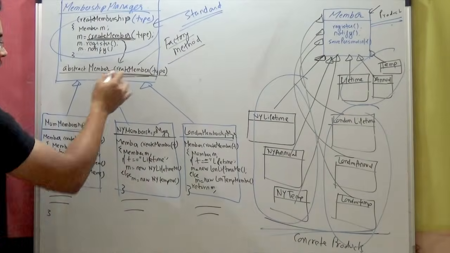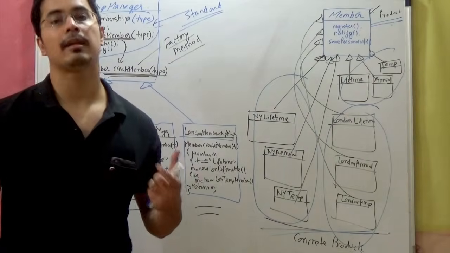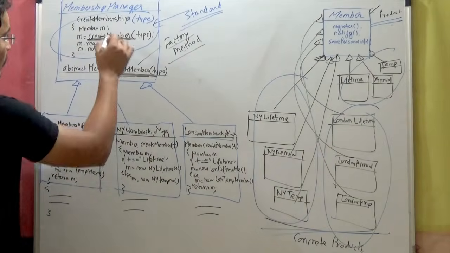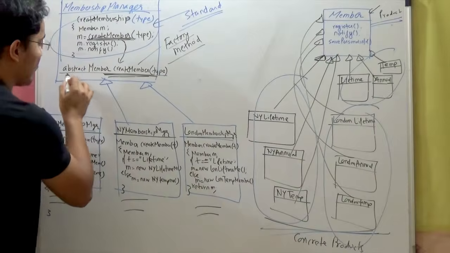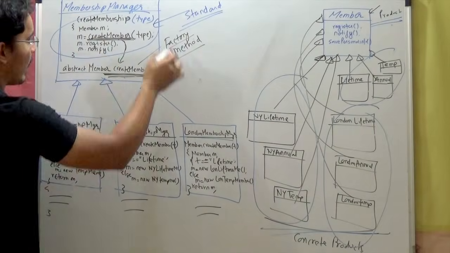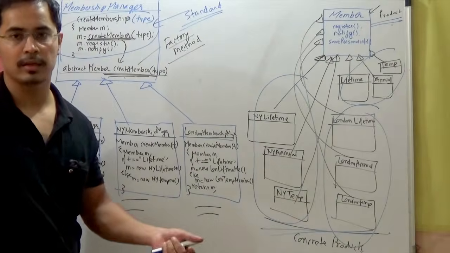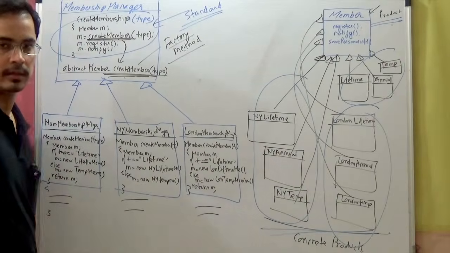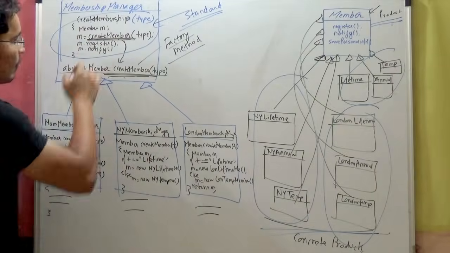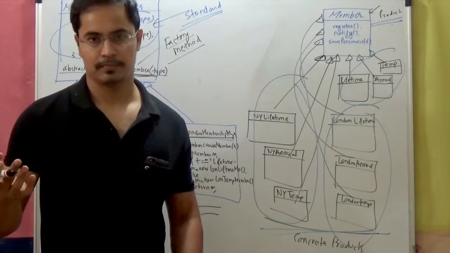They will provide the implementation for this create member. So your abstract client will have one concrete method and one abstract factory method, right? That concrete method will require this abstract factory method to get the product. They get a specific type of product. And then that product will follow standard regulations, right?